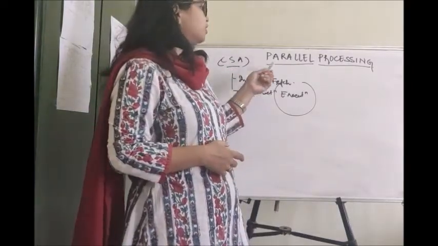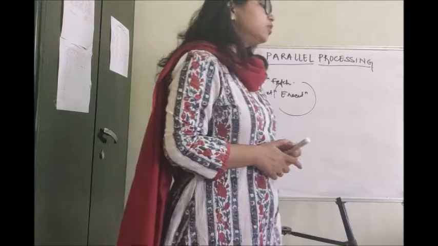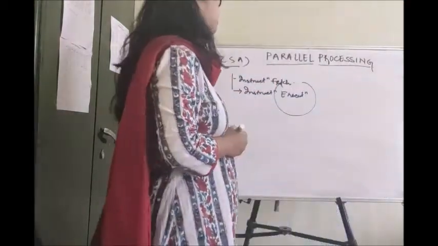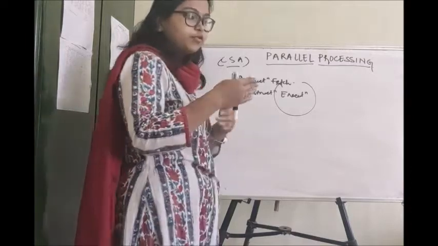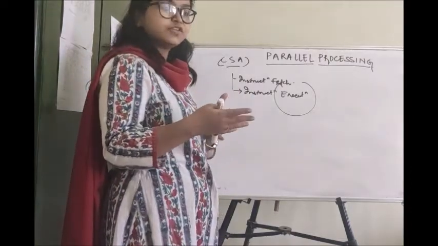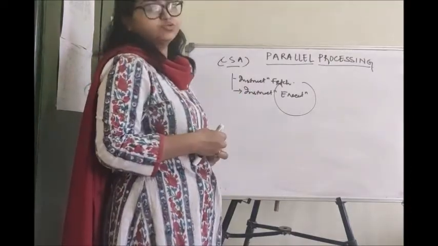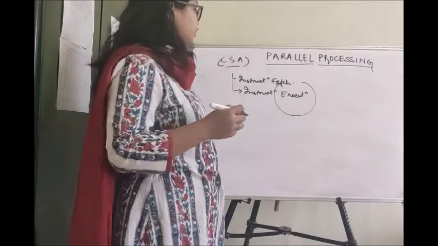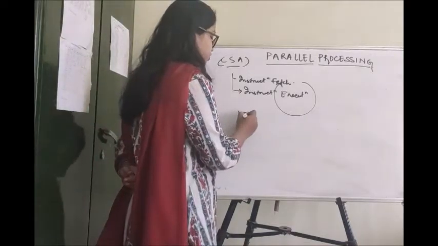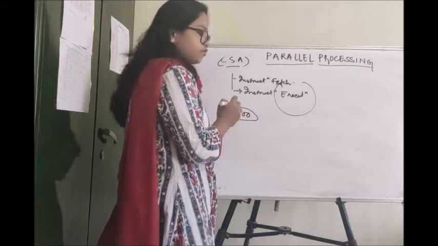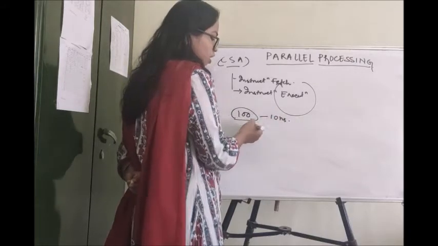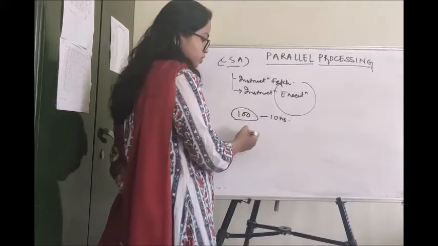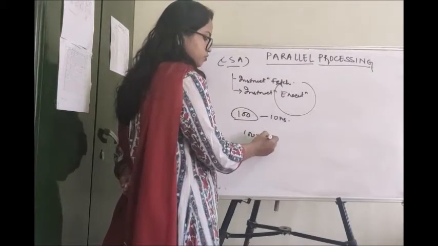Now the question arises: how to reduce the timing, how to improve the process in such a way that time is reduced. Suppose there are 100 instructions, and one instruction takes 10 nanoseconds. How much total time will be consumed? 100 times 10 nanoseconds.